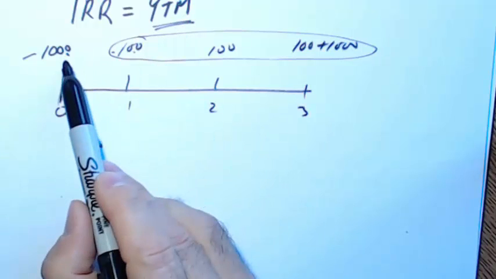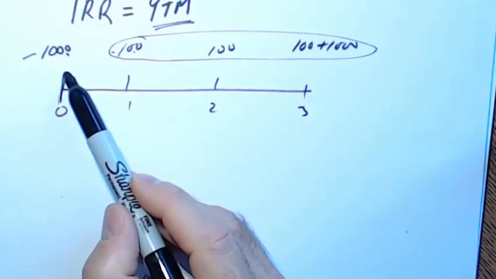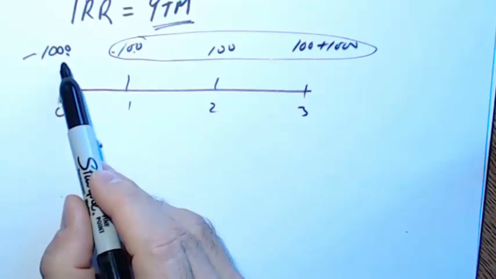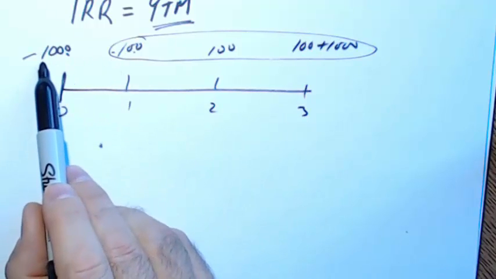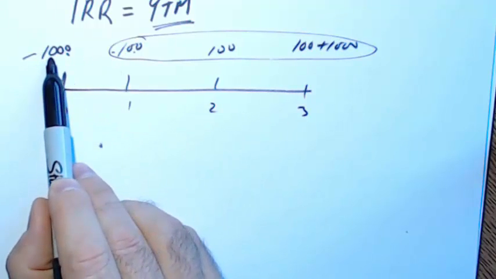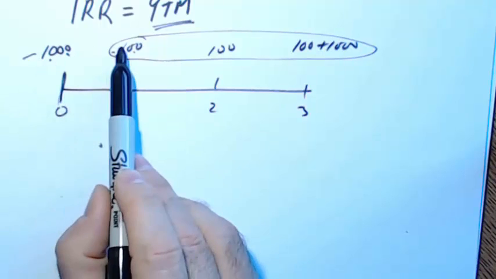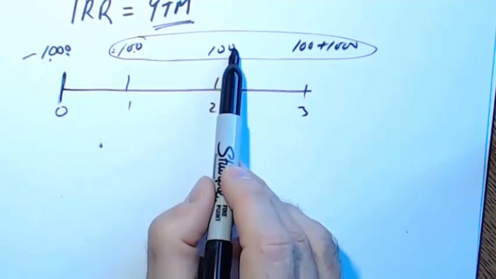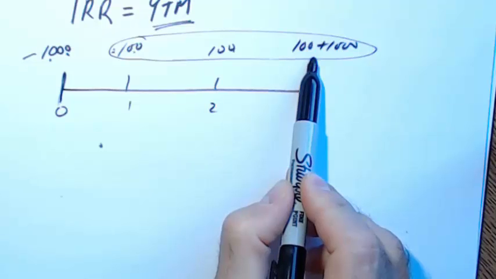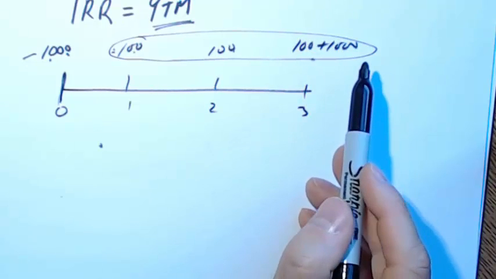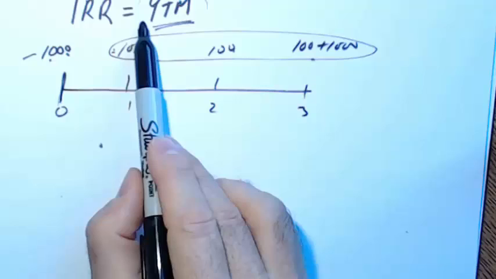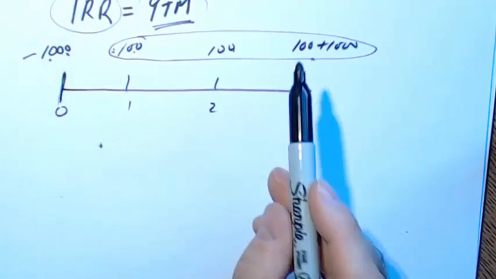Well, a bond looks no different than a project from a cash flow perspective. So you spend $1,000 on a project and it generates cash flow of $100, and then $1,100. That's just a project. So yield to maturity on a bond and the internal rate of return, they're the same thing.